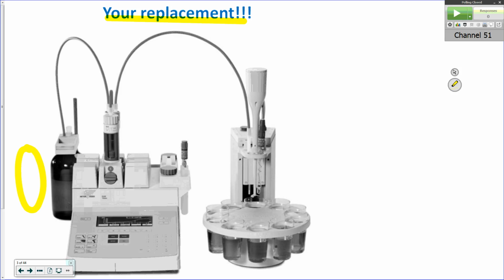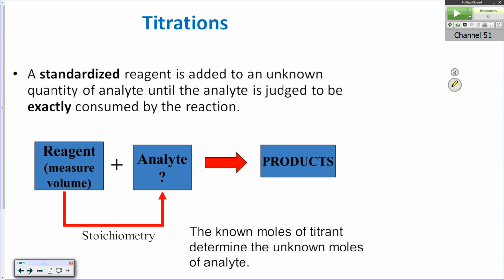This is called a syringe pump. It draws a volume into here, and that slowly pushes it back out into some type of a meter. It could be a pH meter. It could be an ion selective electrode. It could be a number of things, but it monitors the course of the titration. It does it over and over with phenomenal precision.